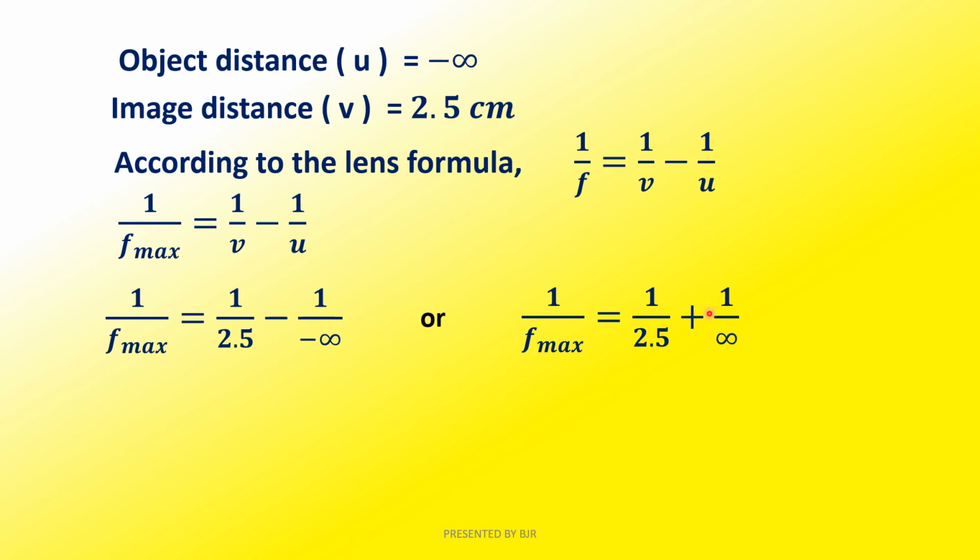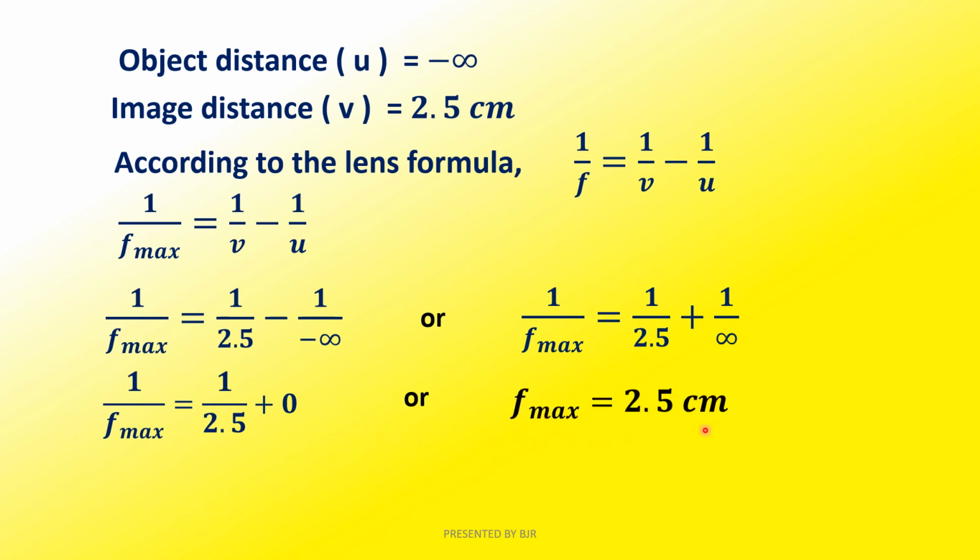This whole term will become 0. Then 1 by f maximum equal to 1 by 2.5, so f maximum equal to 2.5 centimeters.